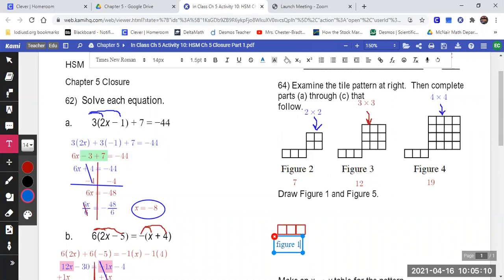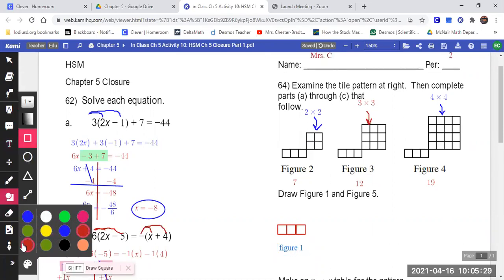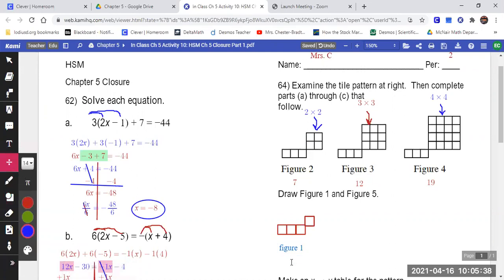And if we use the logic we had before, what should our box thing look like for figure 1? A 1 by 1, exactly. So let's go get our 1. Now I'm going to go up and do the corner. So I'm going to go up a little there. It worked. How many tiles are in figure 1?